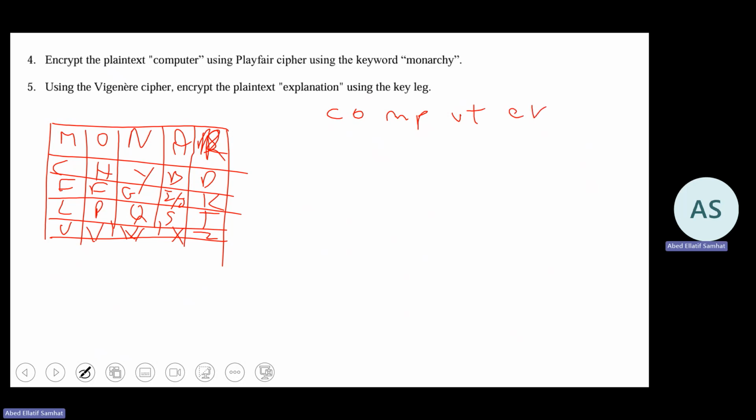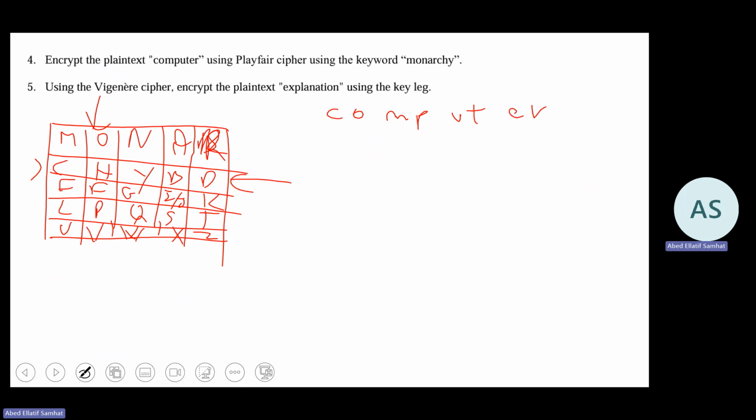Because here we are working with two letters together with the ciphertext. The first one will indicate the row. So for C, it will be like this, the same row. And for O, it will give us the column.